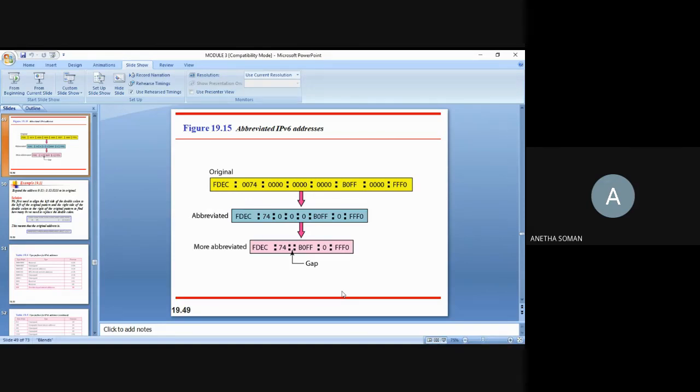Now that 2 bytes is nothing but 4 hex digits, right? So the total number of hex digits will be 32. Okay, now you have to put a colon separating each 4 digits. And you can represent it in abbreviated as well as more abbreviated form when you are considering IPv6 addresses. Okay, so I will stop it here. Next hour, that is the 5th hour, I will continue with IPv6 addresses.